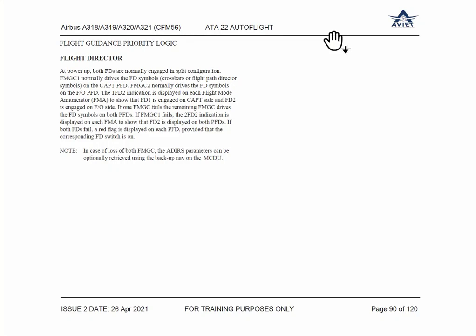What is next? Flight guidance priorities, FD priorities. FD will engage immediately after power up. At power up, both FDs will normally engage in split configuration. This means FMGC 1 will drive the FD symbols on the captain side, and FMGC 2 will drive them on the first officer side.